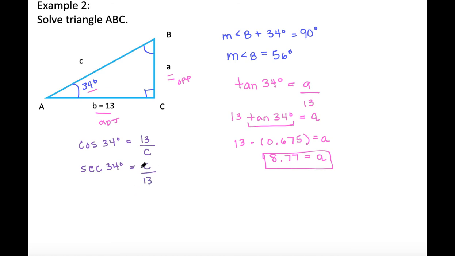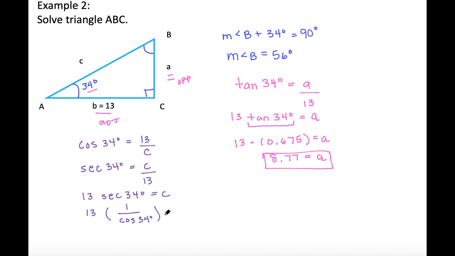And so to solve for c, we're multiplying both sides by 13, so 13 times the secant of 34 degrees is equal to c. Now we're going to use our calculator for the secant of 34 degrees, but we have to change this to 1 over the cosine of 34 degrees.